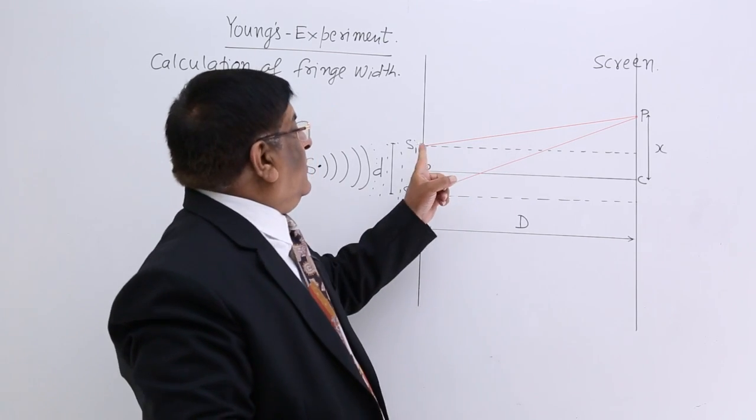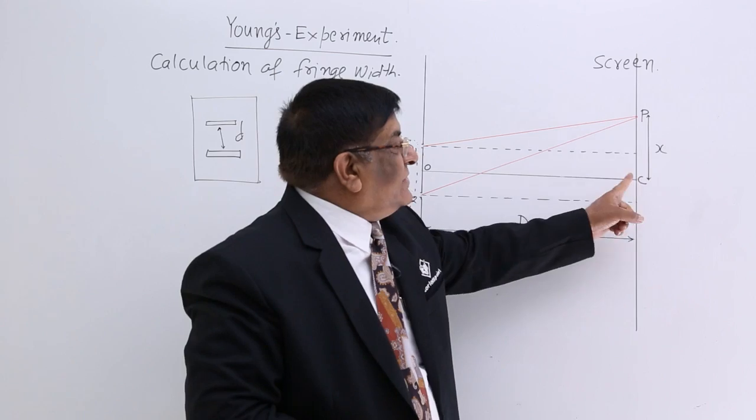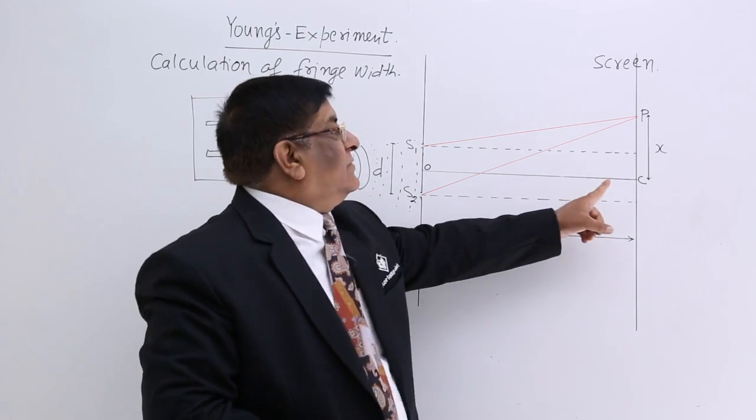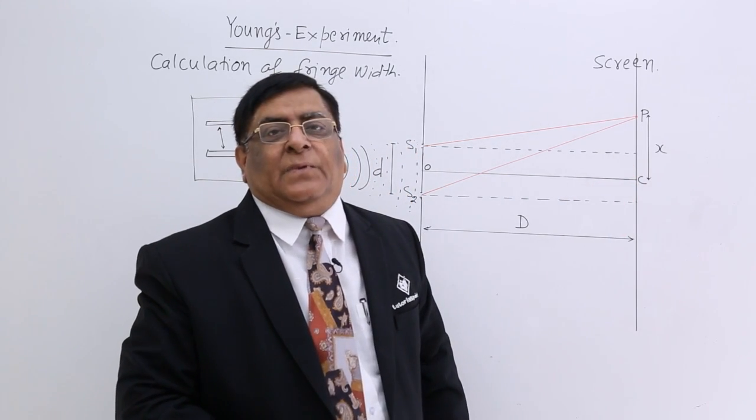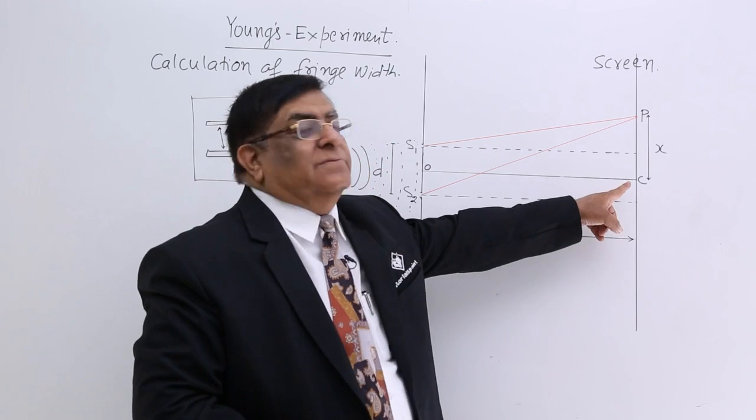That means the crest from S1 reaches here, and the crest from S2 reaches here. That is the point C.